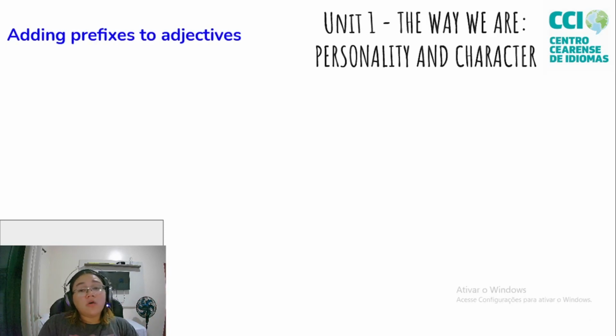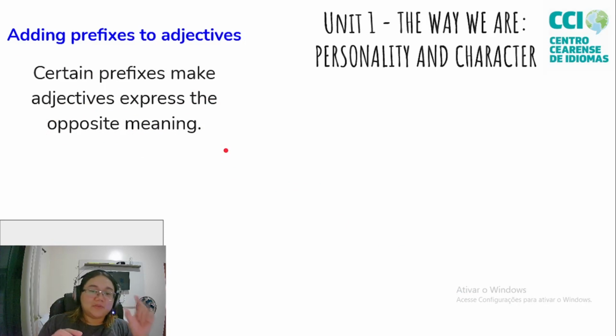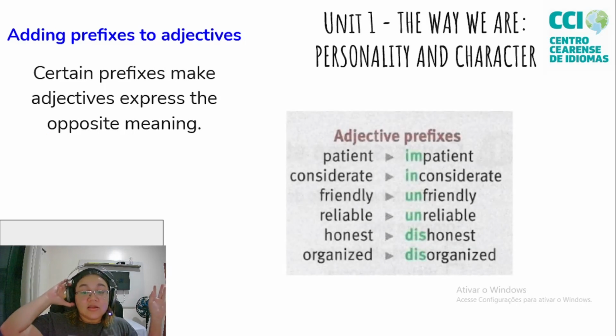And we also saw how to add prefixes to adjectives. So certain prefixes make adjectives express the opposite meaning. So if we add these prefixes, the adjective will have a completely different meaning. As in, if we say patient and we add the prefix im, it becomes impatient.